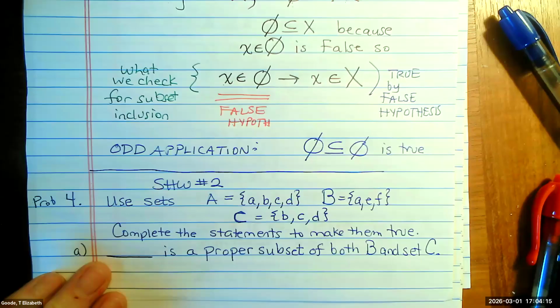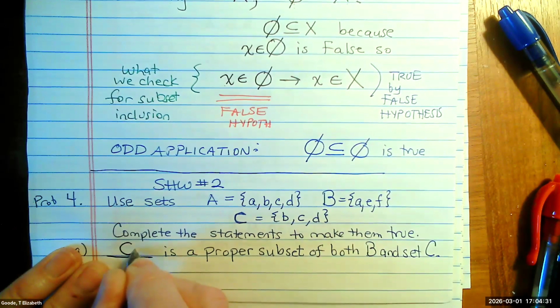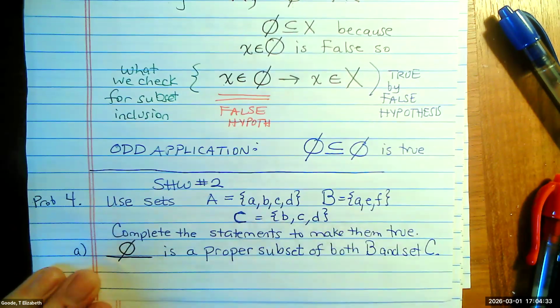No. They don't. So there's really only one set that could be a subset of both B and C, and it happens to be a proper subset of both B and C because it's the empty set.